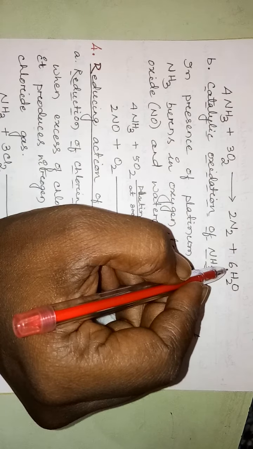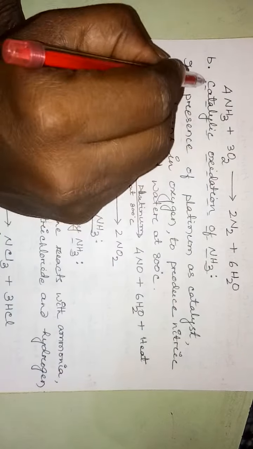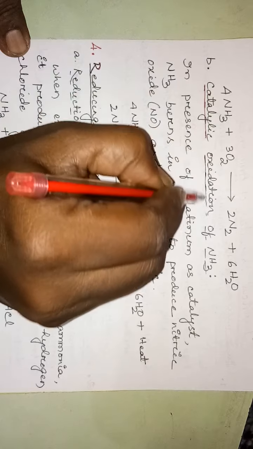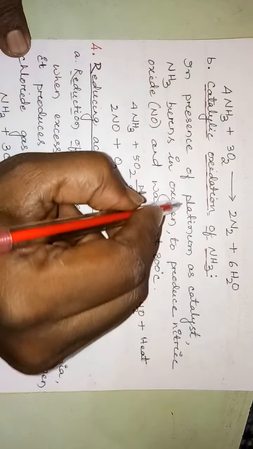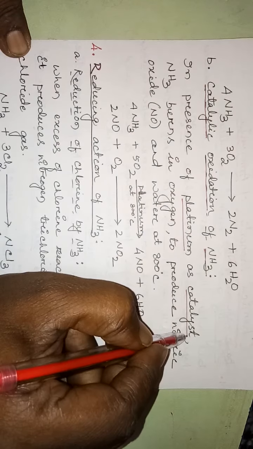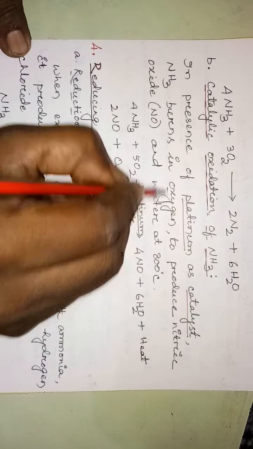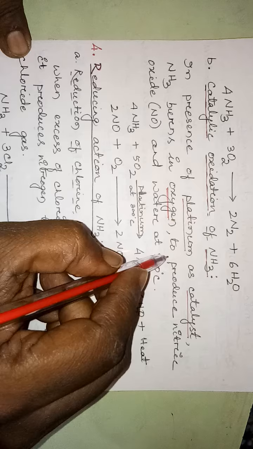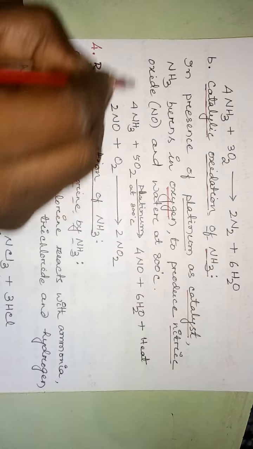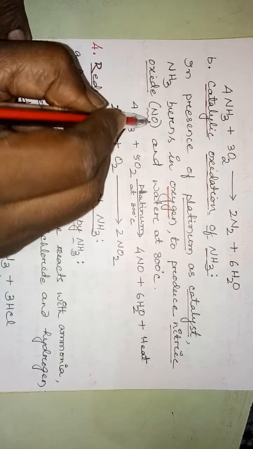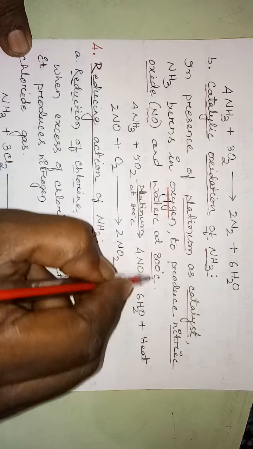Clear? Another, as I told, is the catalytic oxidation of ammonia. What is this? In the presence of platinum as a catalyst, ammonia burns in oxygen to produce nitric oxide, that is NO, and water at 800 degrees centigrade.